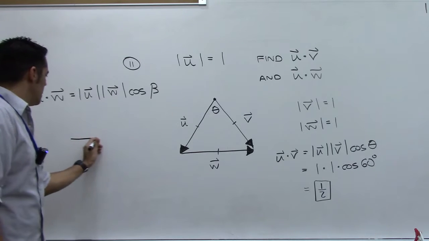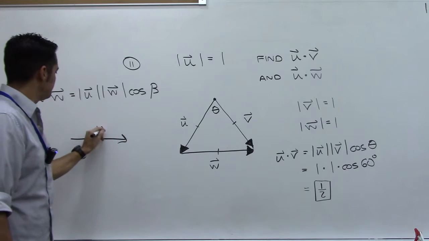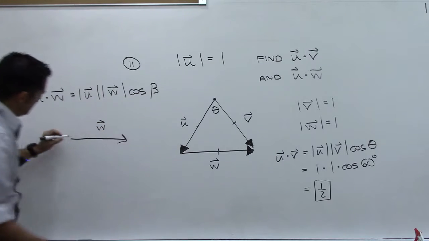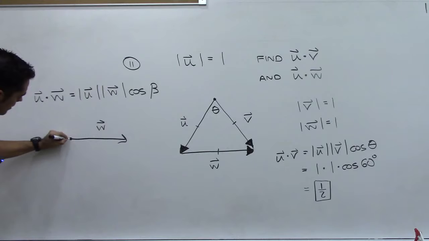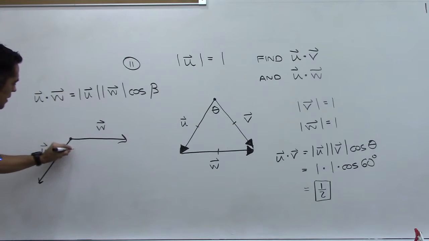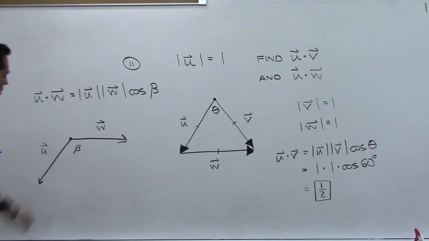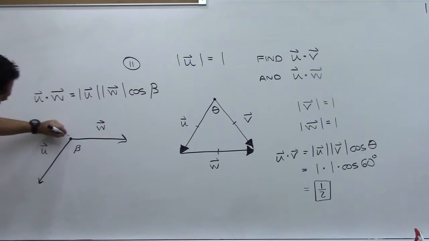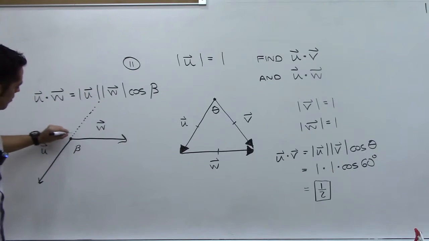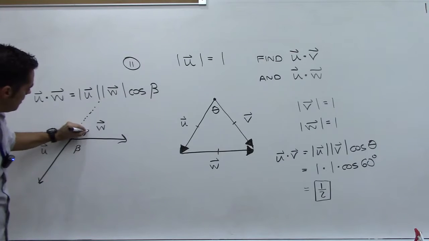So imagine that this is w. I'd slide u down like this. u would go like this. And we're trying to find this angle here, which we'll call beta. Now, extending this up like this, we know that that created that triangle. We know that this is 60 degrees.